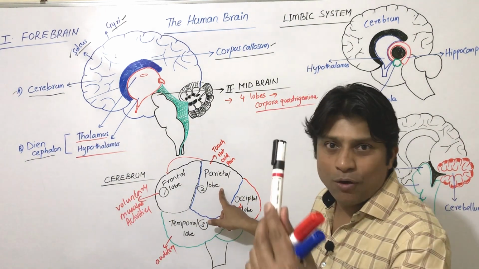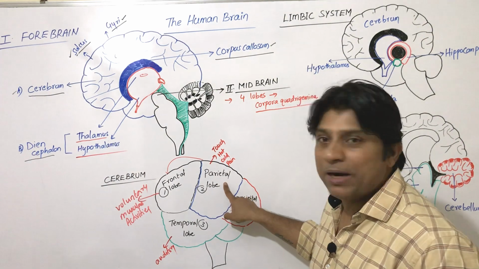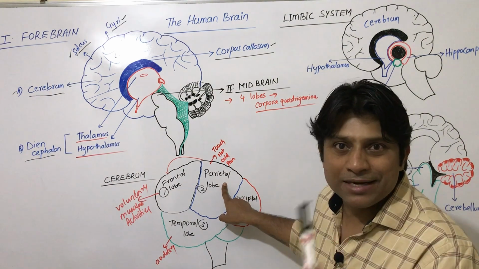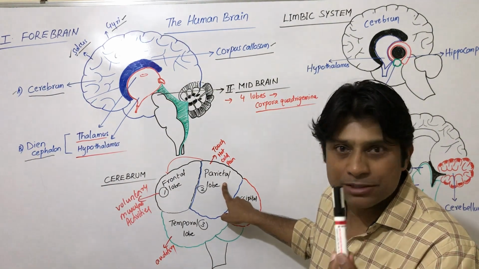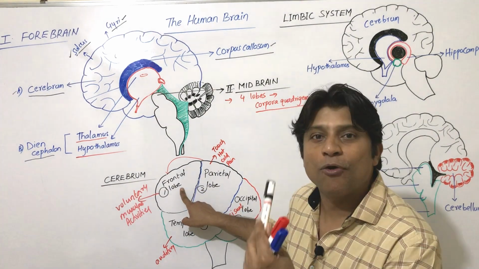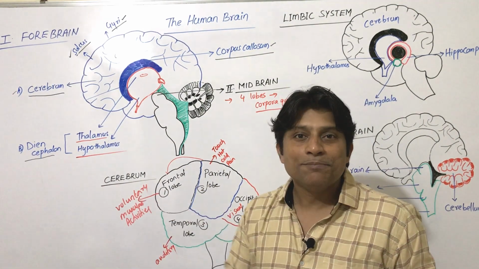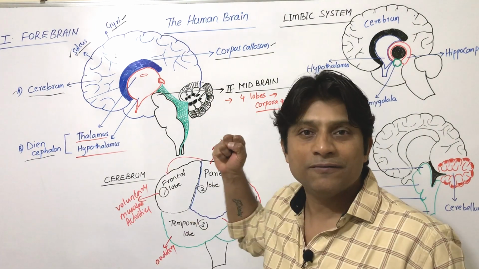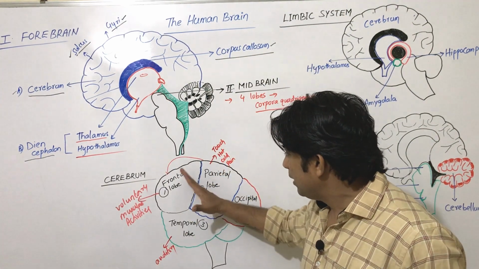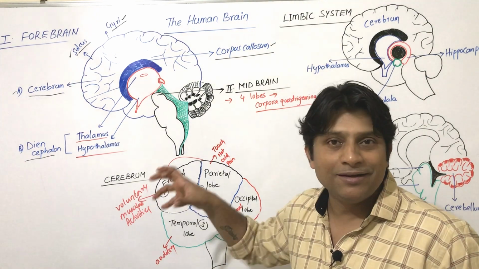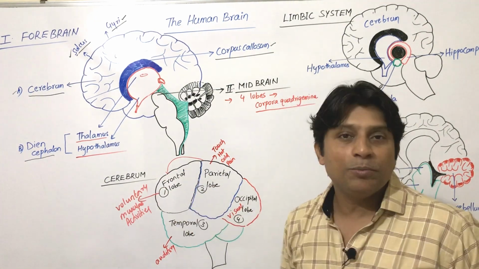When you touch a hot substance, your parietal lobe interprets this particular sense and sends a signal to the frontal lobe. The frontal lobe is responsible for voluntary muscular activity, so you just withdraw your hand. This is how the parietal lobe is connected to the frontal lobe.